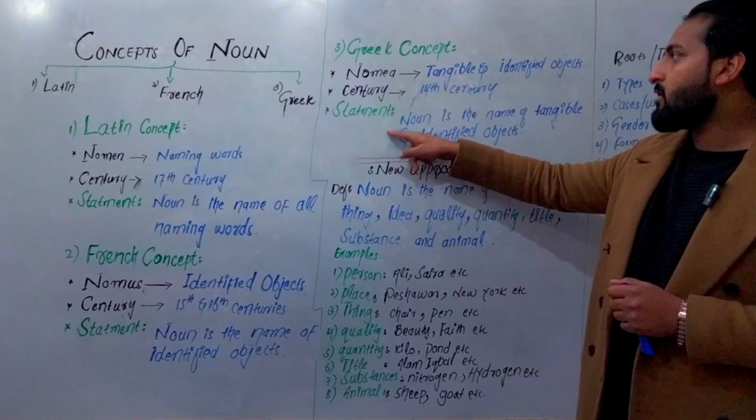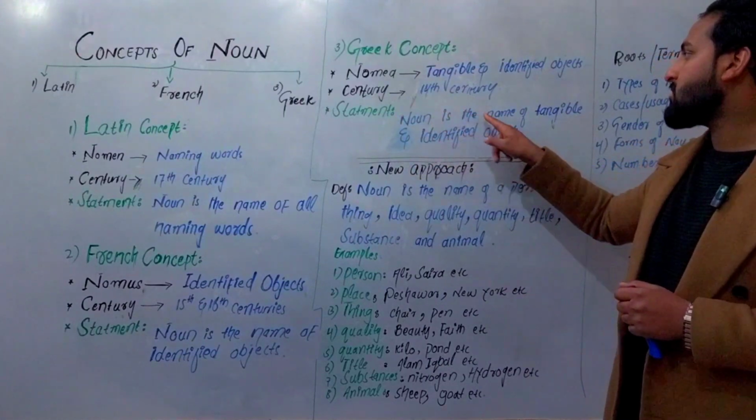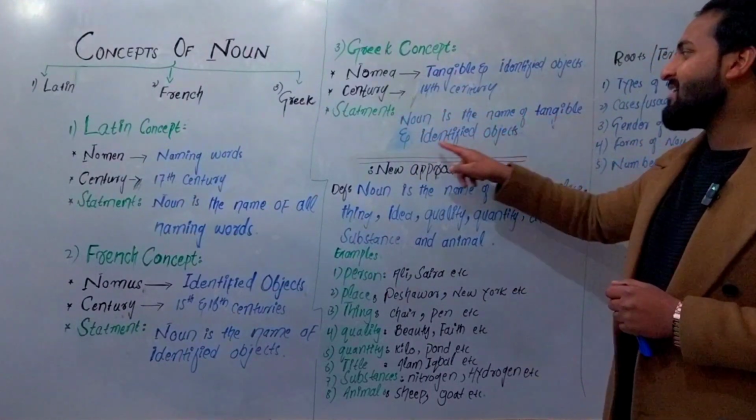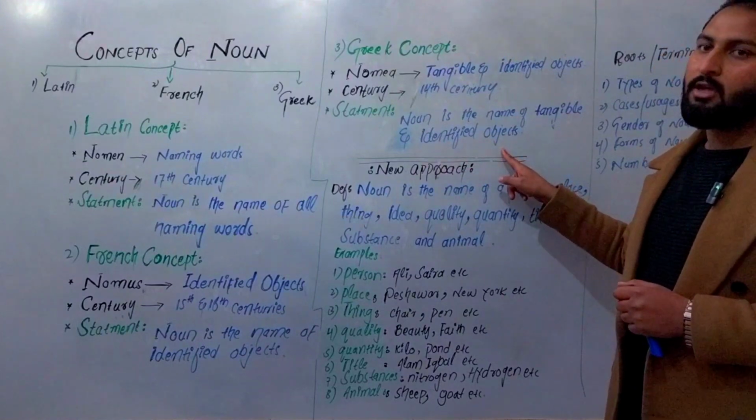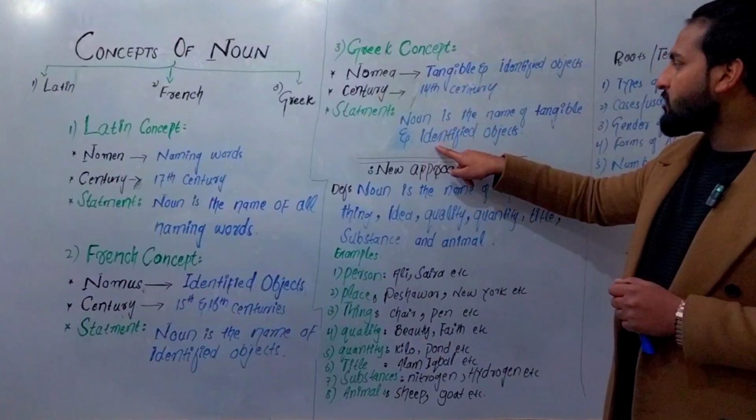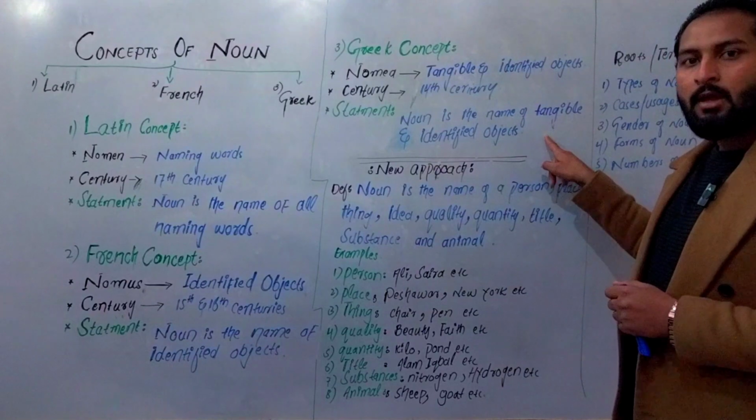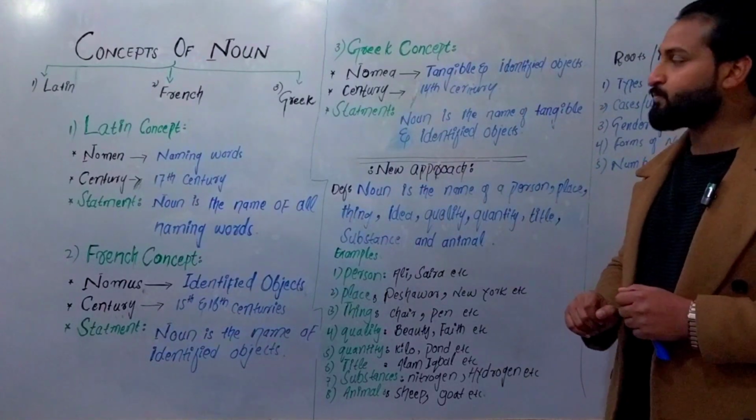They gave the statement in the 14th century that noun is the name of tangible and identified objects. कि noun क्या है? Identified और tangible objects है, हम इसको noun ही कह सकते हैं.